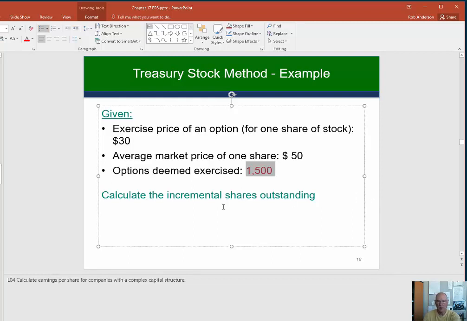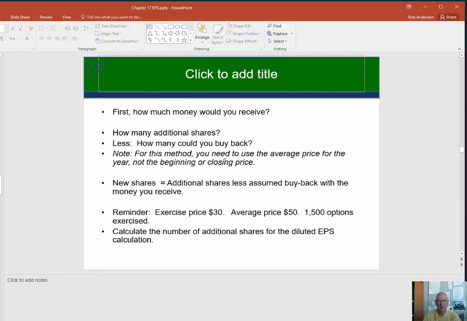So what we need to do then is calculate how much money we're going to get and figure out how many shares. So let's look at some of these questions. How much money would we receive? Well, $30 is the exercise price, and there are 1,500 options.